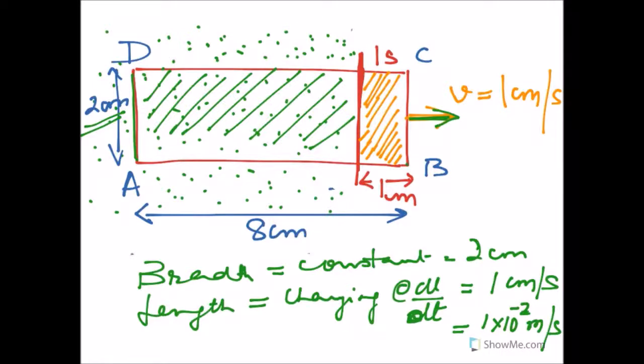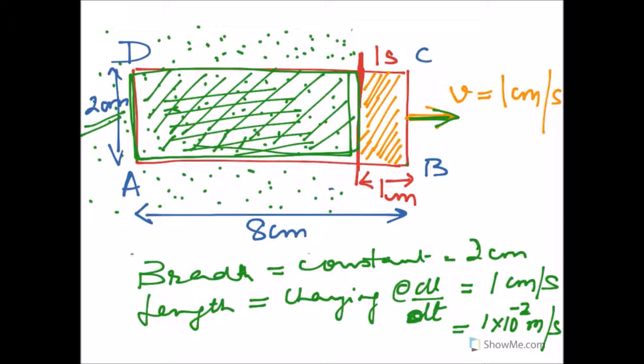But as soon as the arm CB starts leaving the magnetic field, EMF starts getting induced because the area enclosing the flux starts decreasing. So after 1 second, it is only this area which is enclosing the flux, and this area has reduced. So now we can see that breadth is remaining constant while the area has reduced.